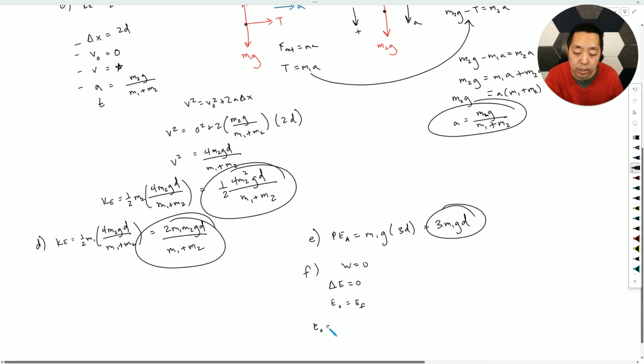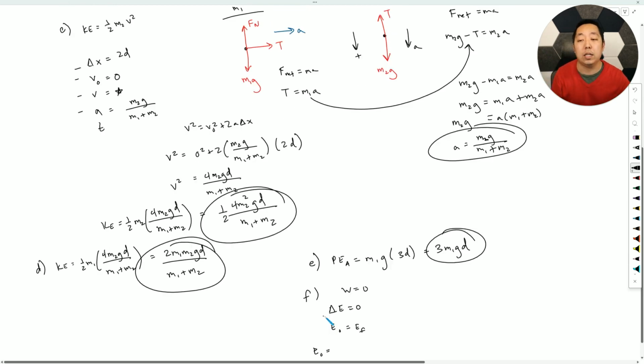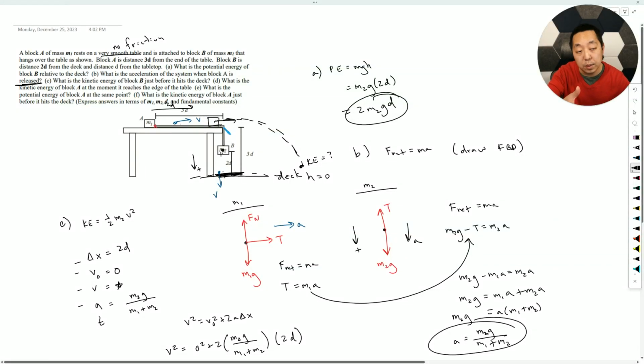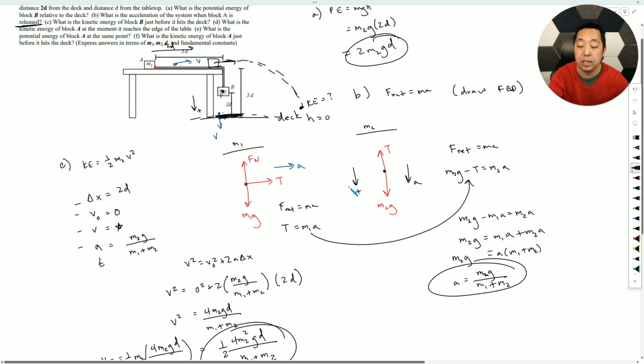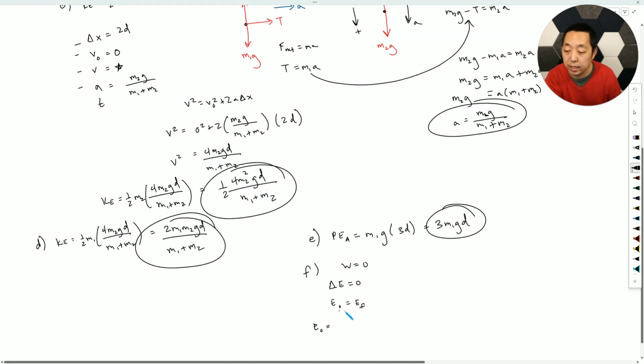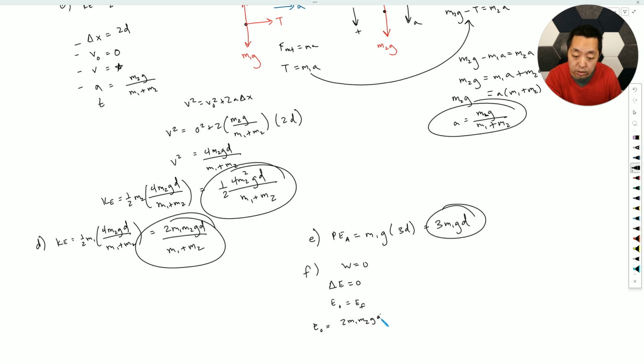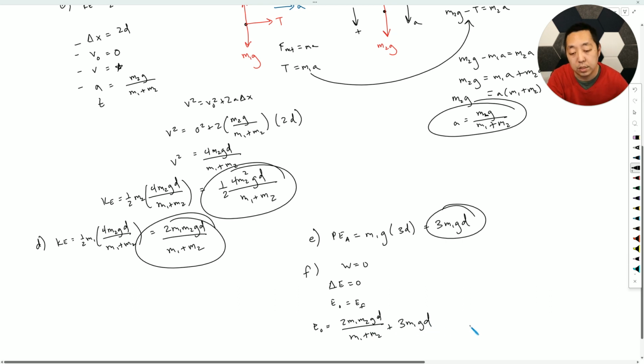Now, the initial energy is all of the energy the block contains at the edge of the table. So it includes the gravitational potential energy and the kinetic energy. So it has the kinetic energy, which is this part here, plus it has some gravitational energy, like this.